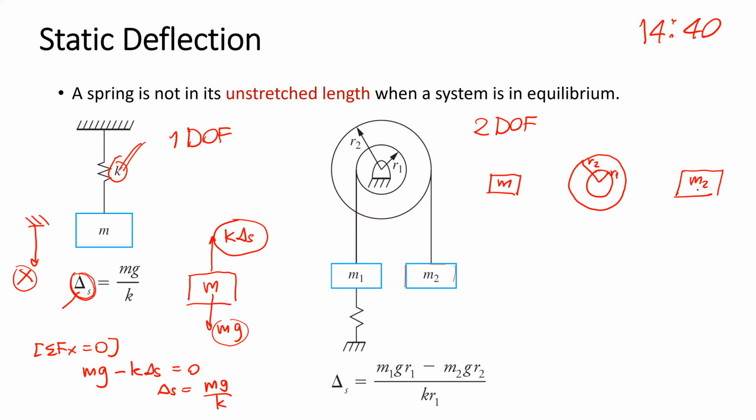It only has the mg and the tension in the cable, which is unknown. For the pulley, we have the tension in the cable, and we also have another tension in the cable.